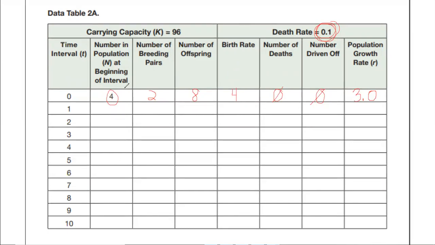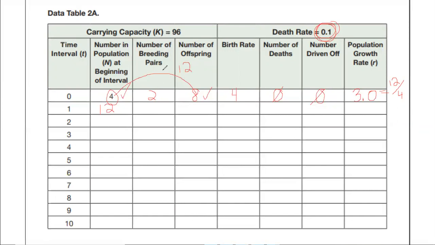So if you take a look, I had an initial of 4. I had 8 offspring. Those 2 together are going to give me 12 for the new population. So it's your new population divided by your old population. So the way I got 3 here was I took my 12, which is my new population, and divided it by my old population, which was 4.